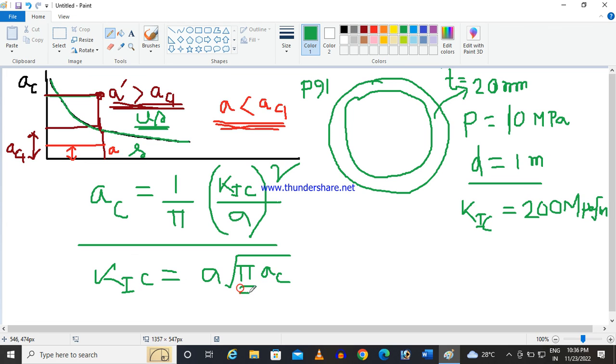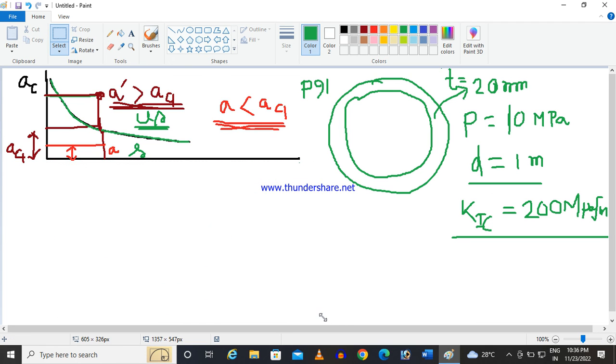So pi is unitless, sigma is in megapascal here, and a will be in meter. So that's why the unit is megapascal square root meter. So this is the value given. From this data, we have to predict, or we have to decide whether this leak before break is satisfied or not.